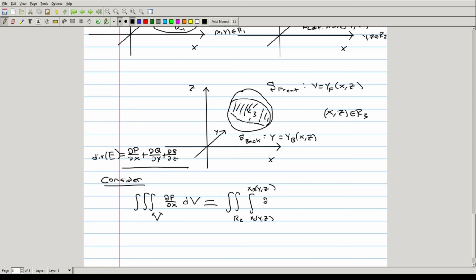This is the triple integral of dP/dx, in the order dx, dy, dz.